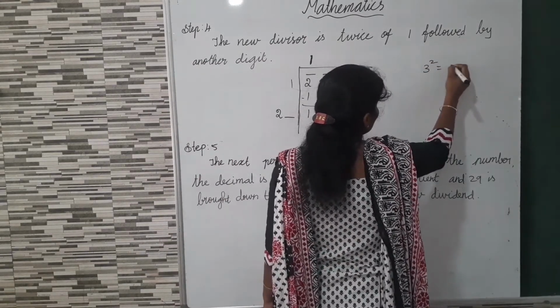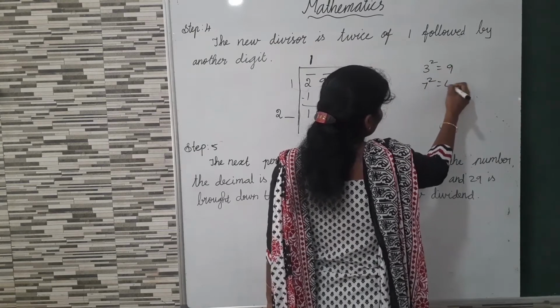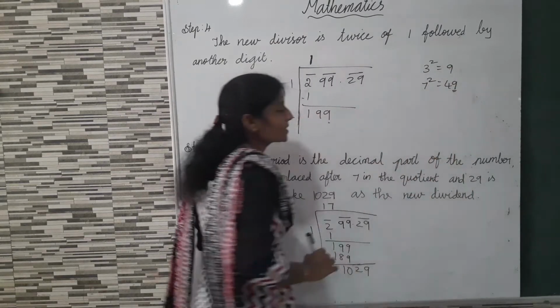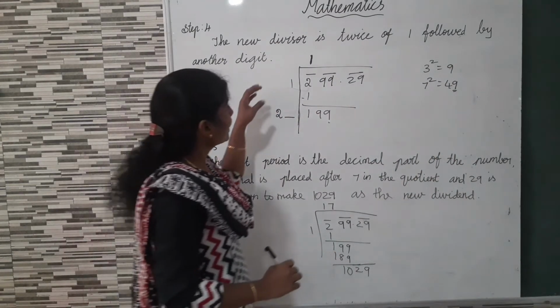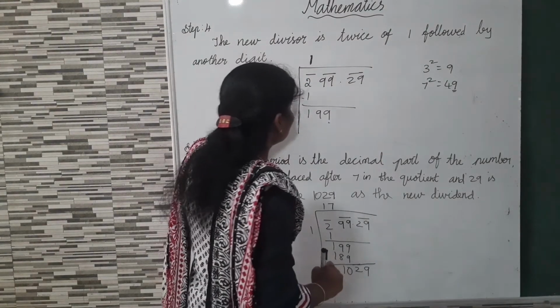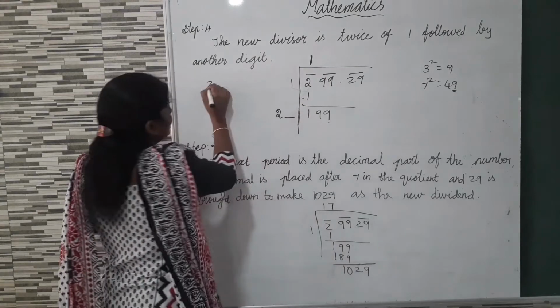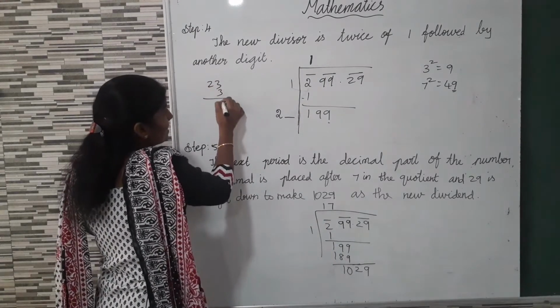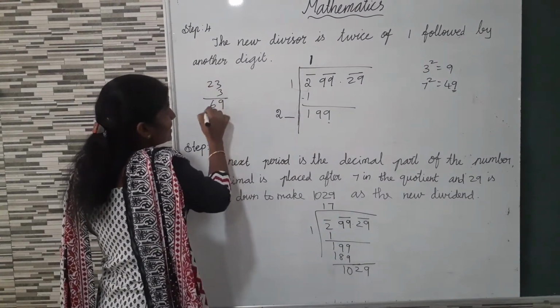3 square is 9, then 7 square is 49. The one's digit is 9, so first we can apply 3. 23 into 3: 3 3s are 9, 3 2s are 6, giving 69.